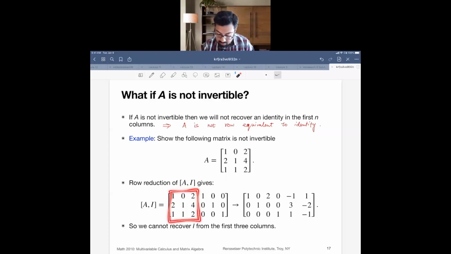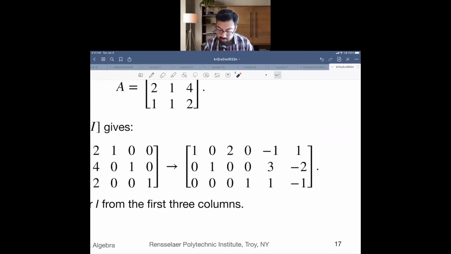You have A over here, and then because the size is 3 by 3, you will pad it with an identity matrix which is 3 by 3. Then you will start doing the row reductions. If you do all the row reductions properly, you will have something like this. So you see what happens here. You got 1, 0, 2, 0, 1, 0, 0, 0, 0. You were never able to get a 1 over here.